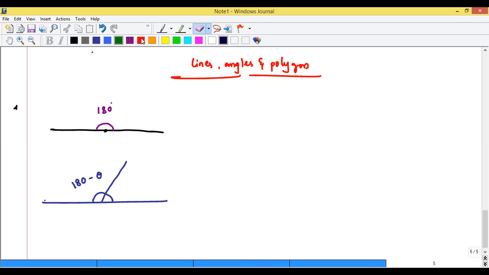If that is theta, then this angle is how much? 180 minus theta. You call it a linear pair. Whenever a straight line is formed, what is the sum of these two angles? I'm dividing it into two angles, but whenever you see a straight line, the sum is always 180, right?